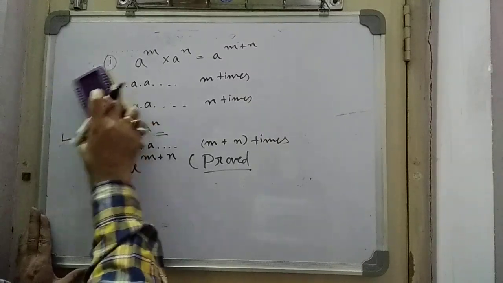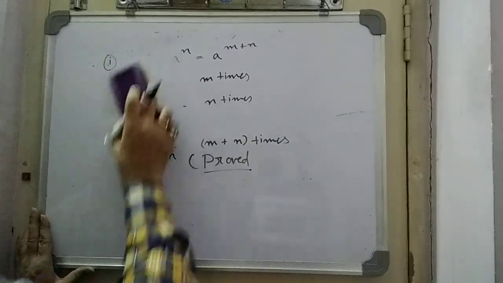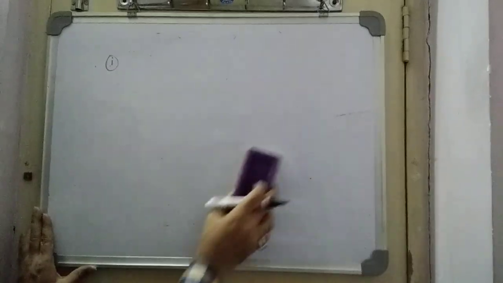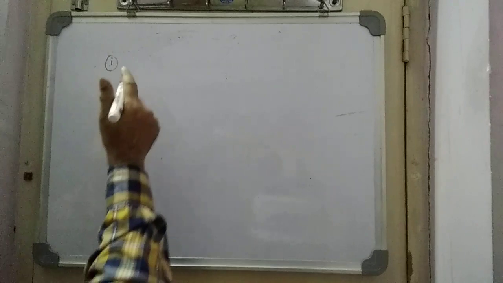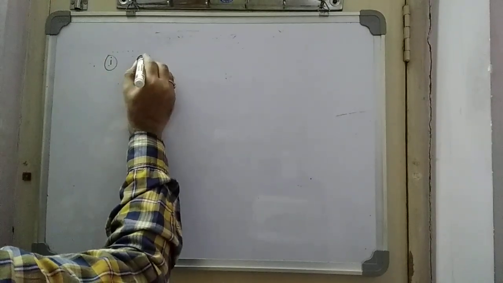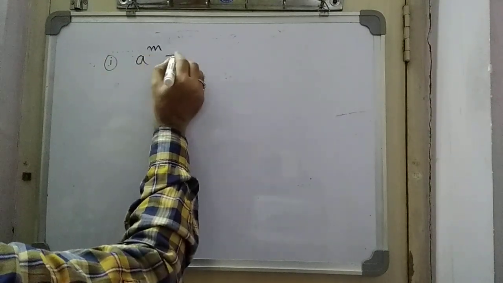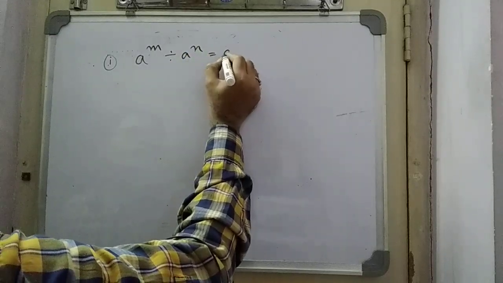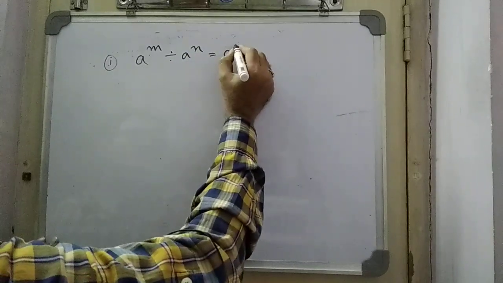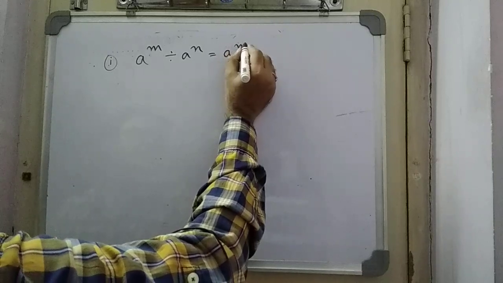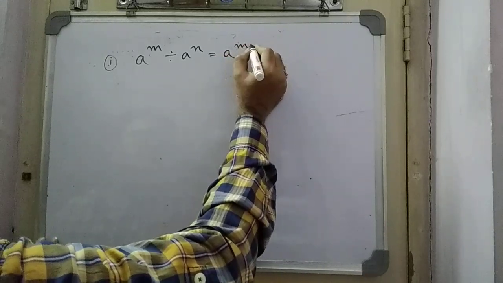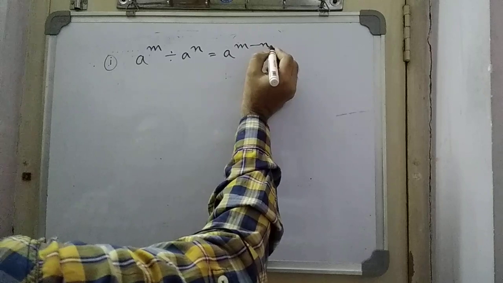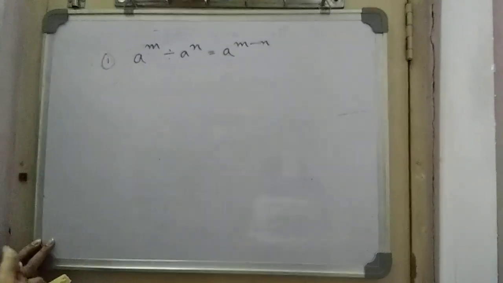Now I will move to the next law. This one was for multiplication, now this is for division: a to the power m divided by a to the power n equals a to the power m minus n. For multiplication it was addition in the exponent, here it is subtraction.